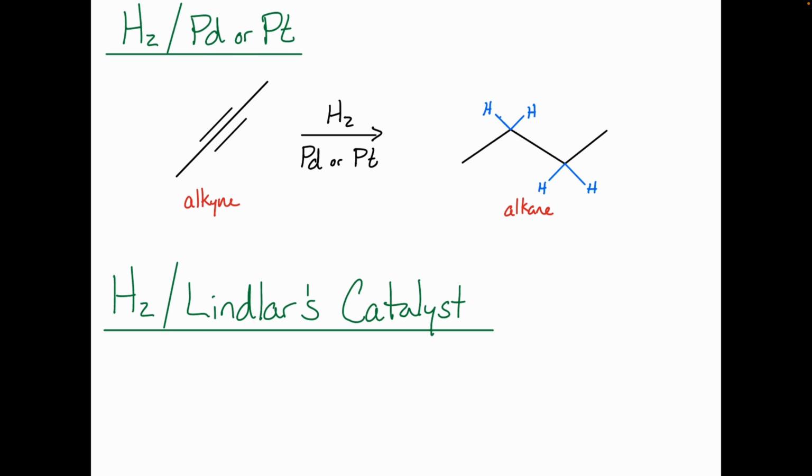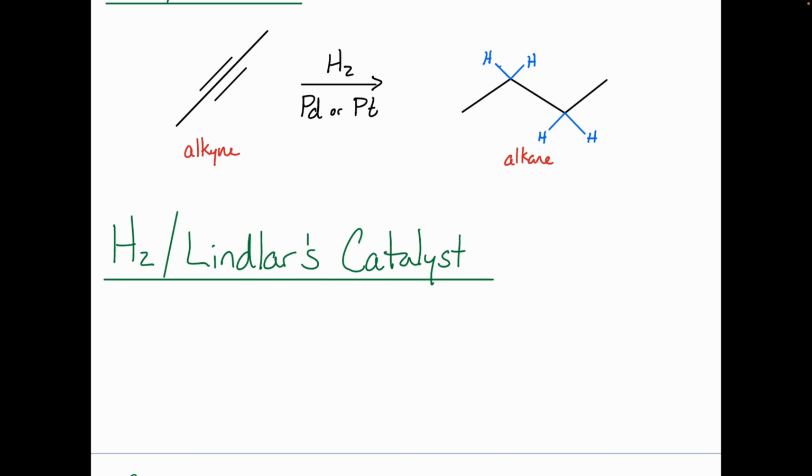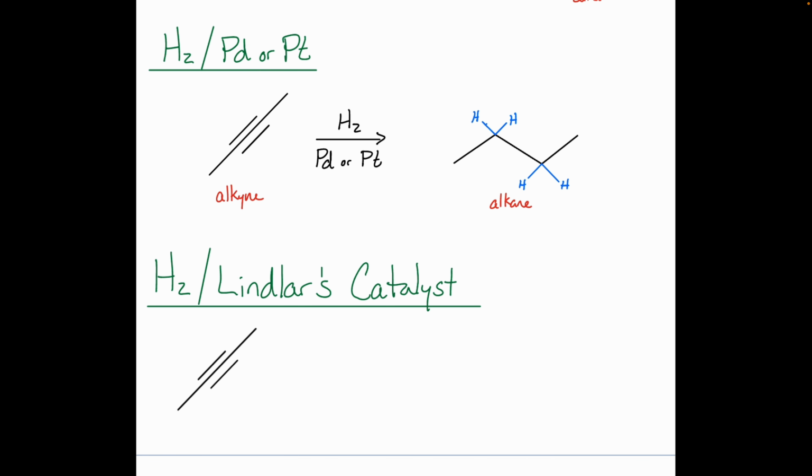Lindlar's catalyst is when they take palladium and make it just not as good of a catalyst. When we'll see it in our chemical equations, it'll just simply be listed as H2 and Lindlar's catalyst.